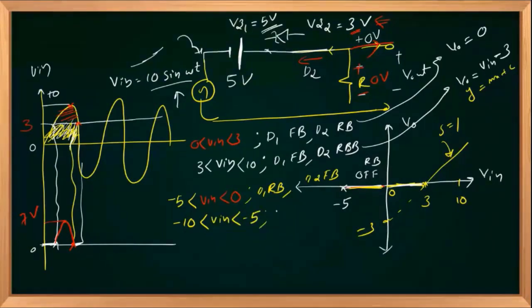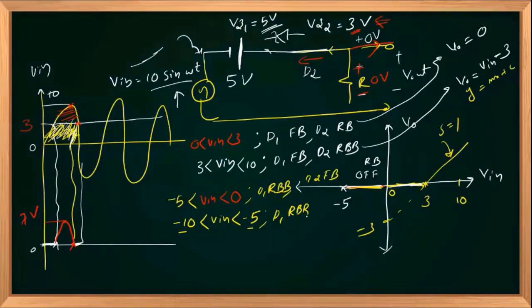the status of D1 will become from reverse bias to reverse breakdown mode. So this is actually reverse before breakdown when Vin is greater than -5 and less than 0. When it is between -10 to -5, D1 is reverse biased and it is in breakdown mode. So I will write reverse breakdown or VR.